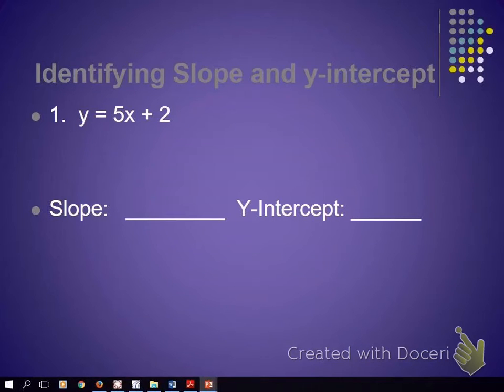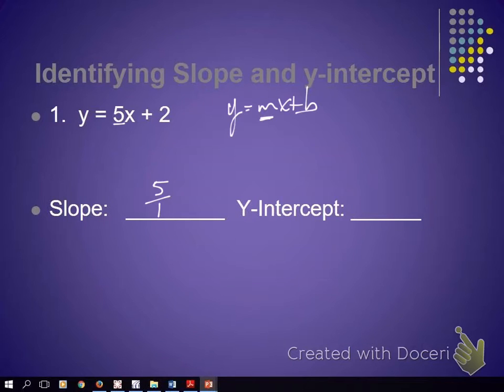Okay, so let's start being able to identify the slope and the y-intercept. Okay, well, from the last slide, the form is y = mx + b. So m is the slope. The slope comes from the coefficient on x, which is right here, and that slope is 5.